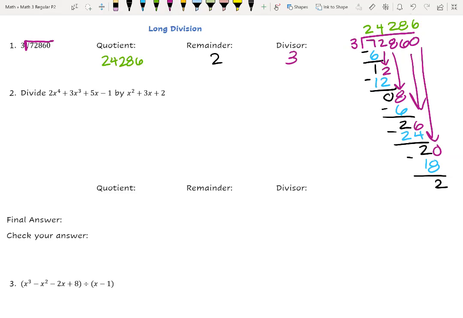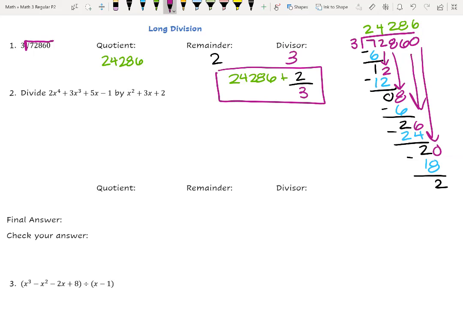Okay, so my final answer is going to be the quotient plus the remainder over the divisor. A lot of times we say 24,286 and 2/3, or you can just write 24,286 plus the 2/3. So this is my final answer.